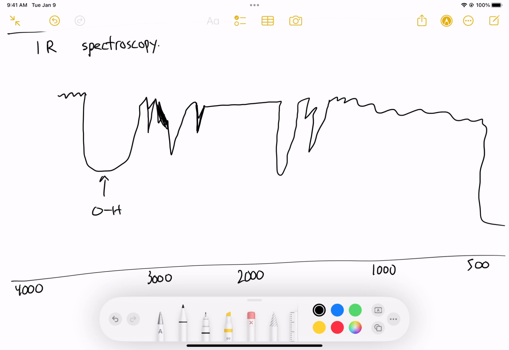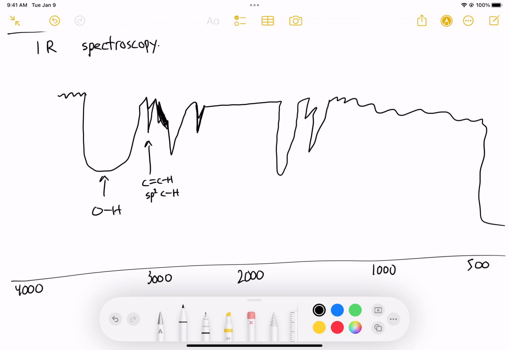So that one looks like it's a little bit past 3,000, near 3,100. That's usually sp2 carbon. So this is usually the sp2 CH bond. So it'll correspond to this bond right here. So we're going to say this is sp2 CH, like that. Okay, so that's what we would expect.